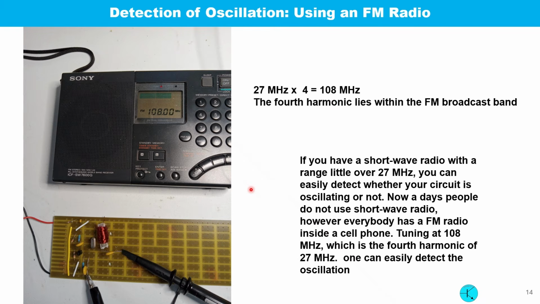If we have a shortwave radio with a range little over 27 megahertz, we can easily detect whether the circuit is oscillating or not. Nowadays, people do not use shortwave radio. However, everybody has an FM radio inside their cell phone. Tuning at 108 megahertz, which is the fourth harmonic of the 27 megahertz, one can easily hear or detect the oscillation.